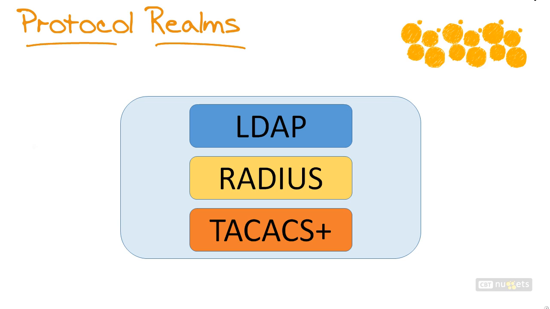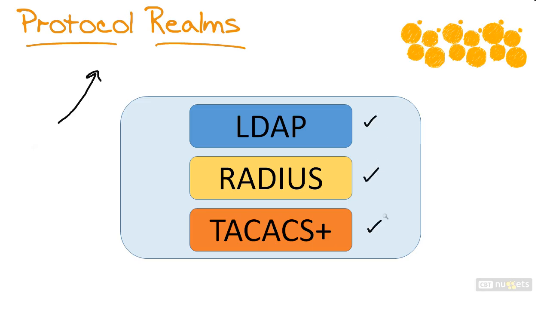Now, if you are interested in certification, I'm going to need you to go an extra step here, and memorize some terminology that Cisco is going to use for this role-based access control model in the UCS system. They're going to use the term protocol realms in order to describe those external sources of LDAP, Radius, and TACACS.